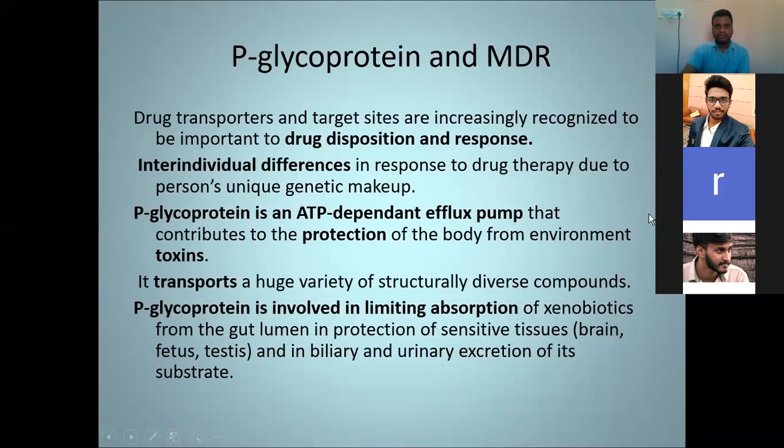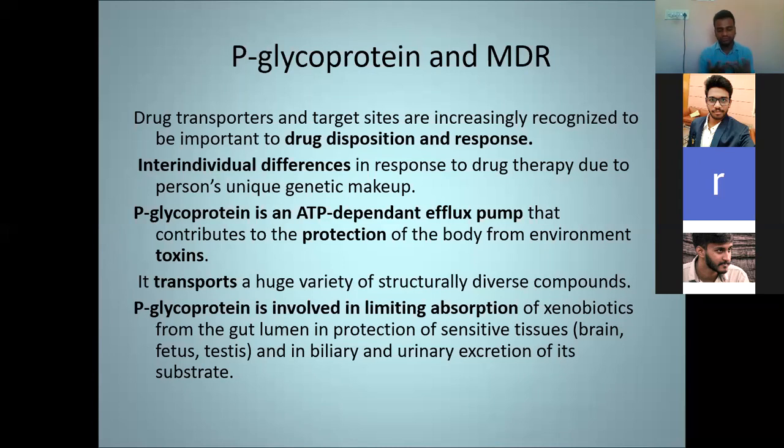Okay, so first, have you heard about this P-glycoprotein in drug interactions? What is this? I think you have heard it many times because you might have come across a drug interaction which affected this P-glycoprotein, and then there was an increase or decrease.